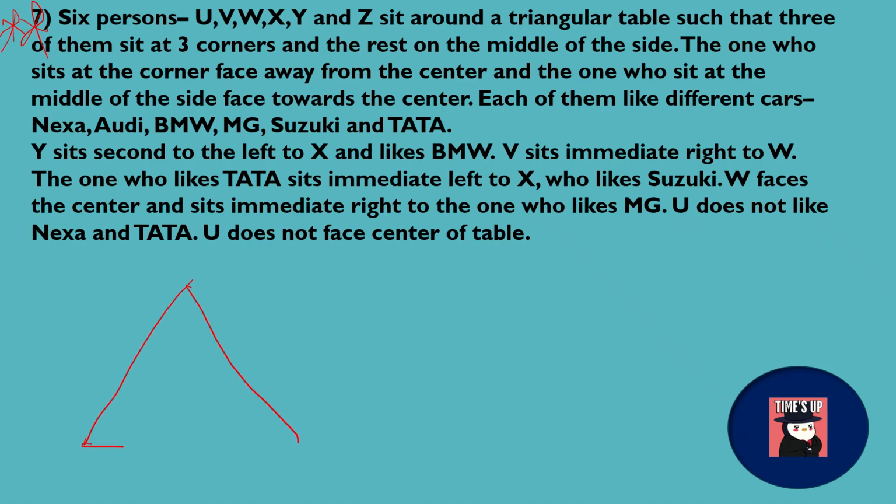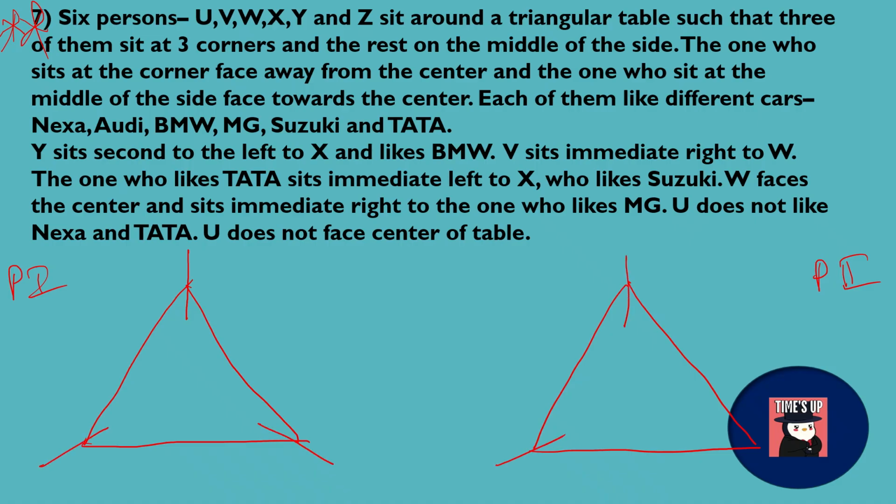So, triangular, they have given. Now again, we will draw the triangles. This is possibility 1. This is possibility 2. Now six persons are there: 1, 2, 3; 1, 2, 3.